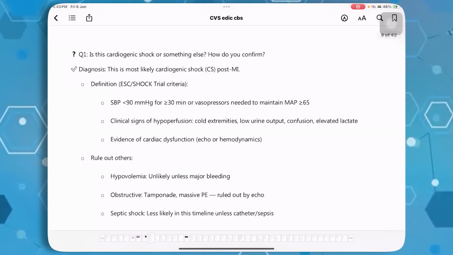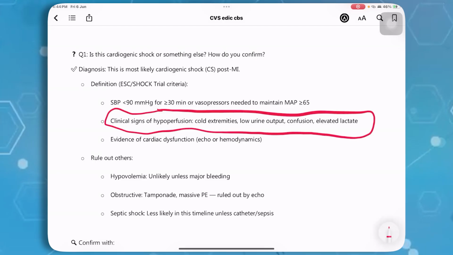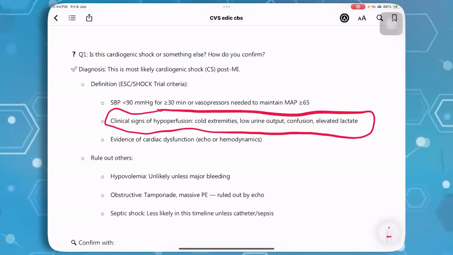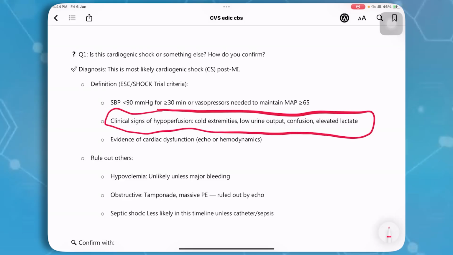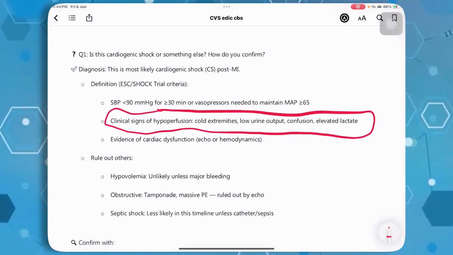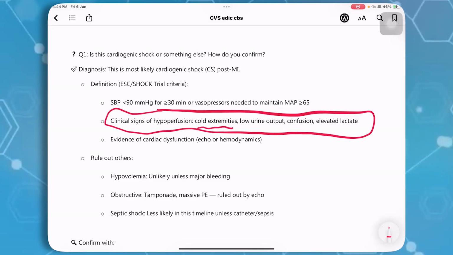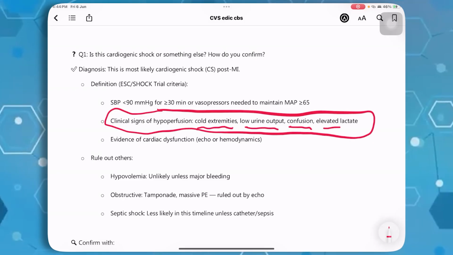So these are very, very important clinical signs. They will ask you again and again. Students get negatively marked at this point. The clinical signs of cardiogenic shock, or basically the shock state, that is hypoperfusion, are the presence of cold extremities, poor urine output, altered mental status, and elevated lactate.